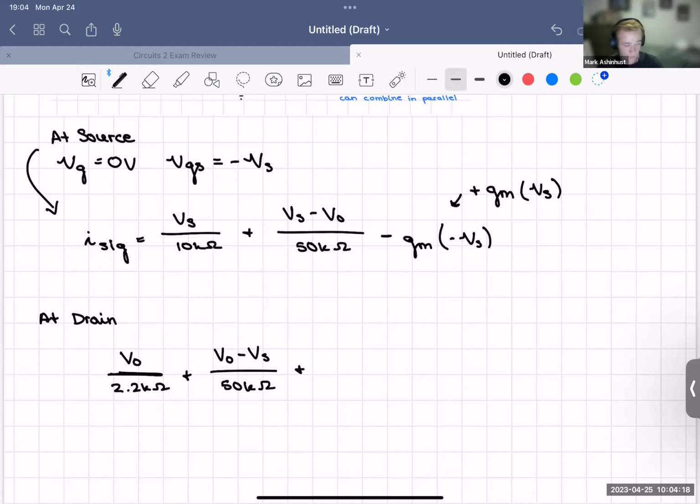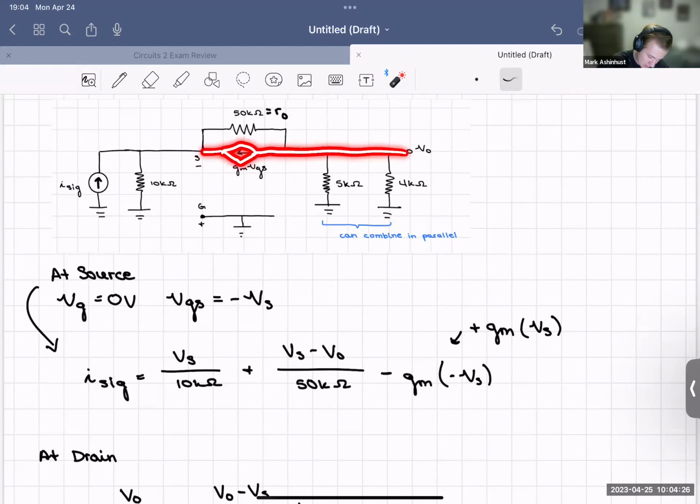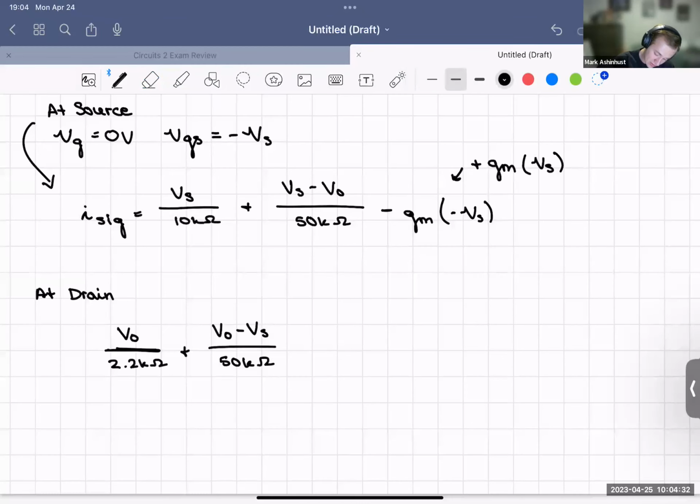And then we are following the direction of that gm VGS to S, so we'll have positive gm VGS, which is actually gm negative VS. So this is minus gm VS equals 0.